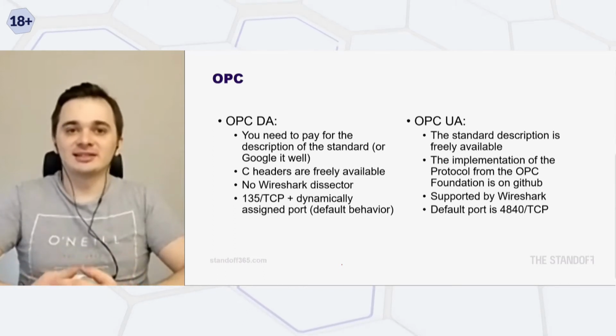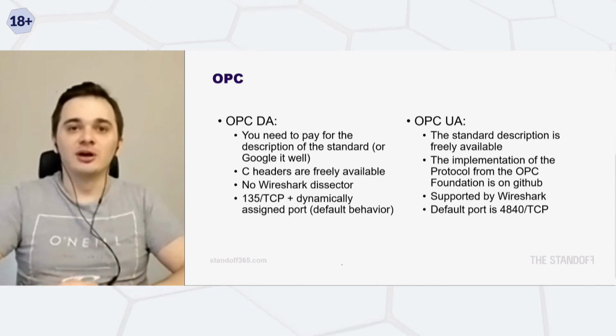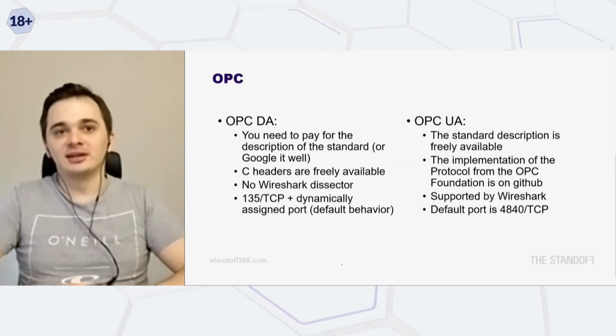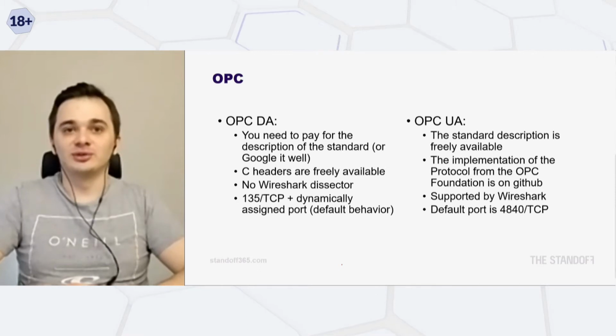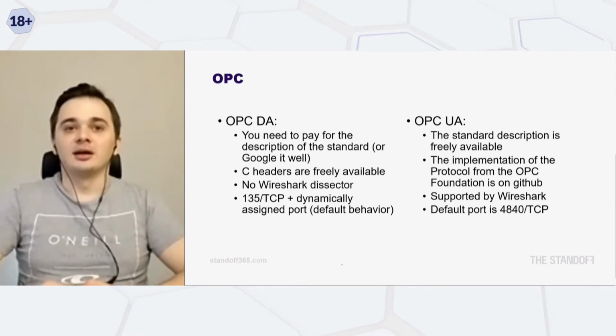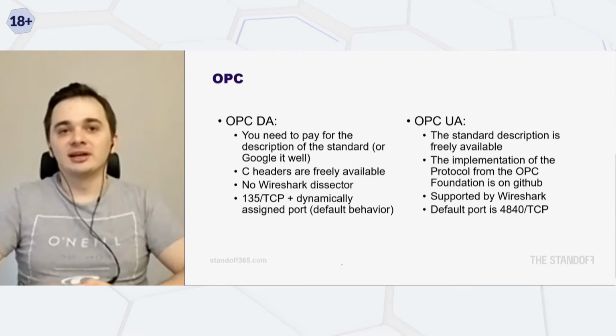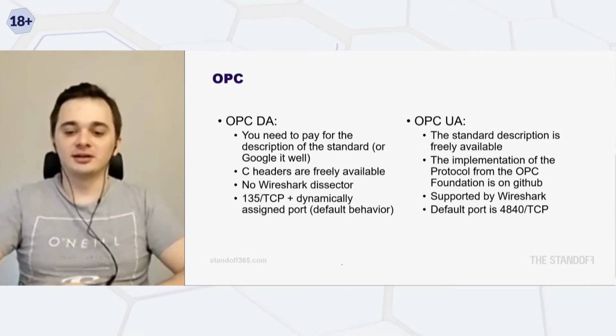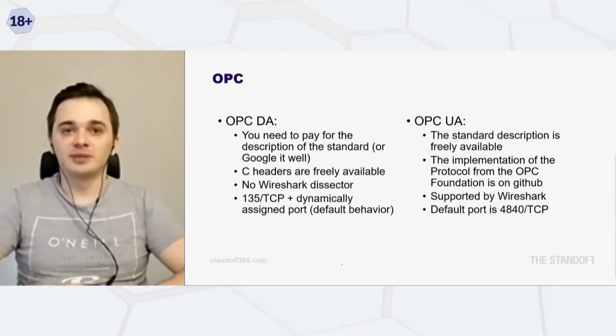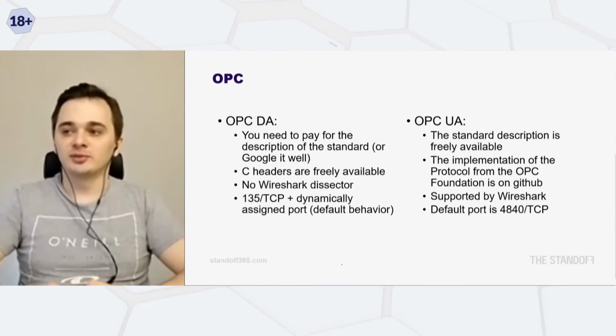Moving on, OPC UA. The standard is free, while in case of OPC DA, you have to pay for the description of the standard, or you have to know how to Google well.